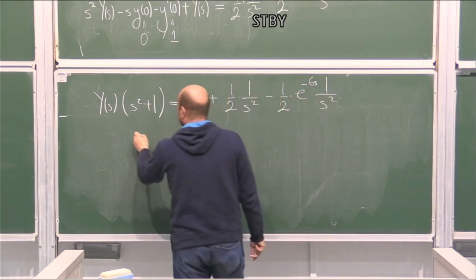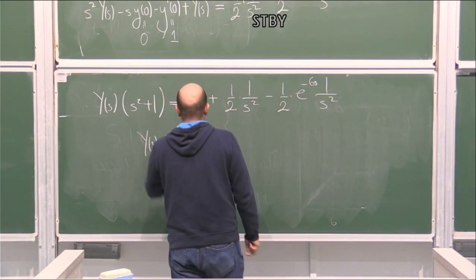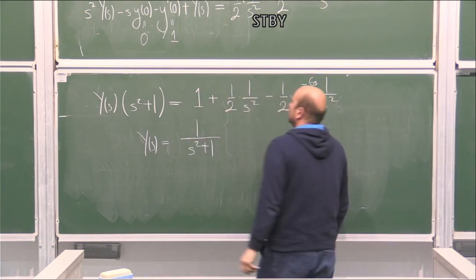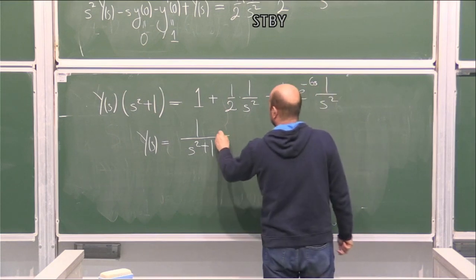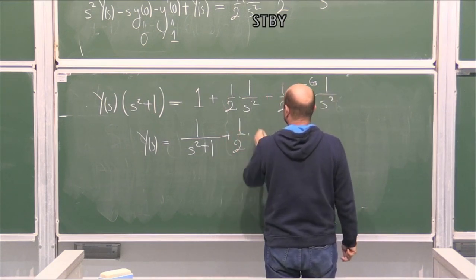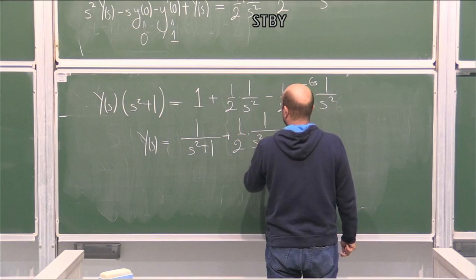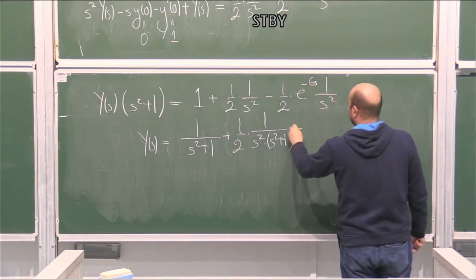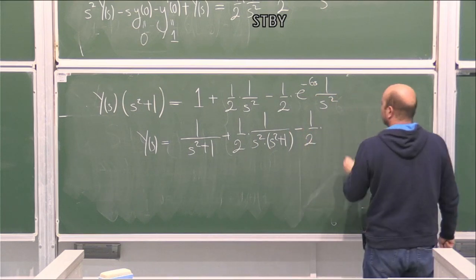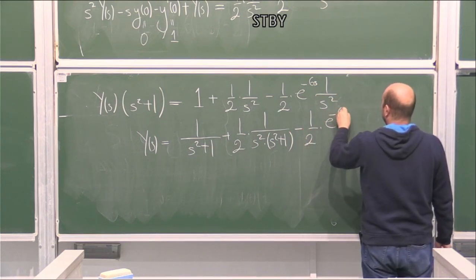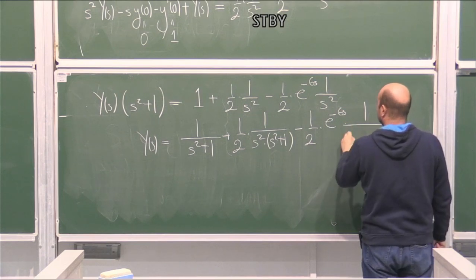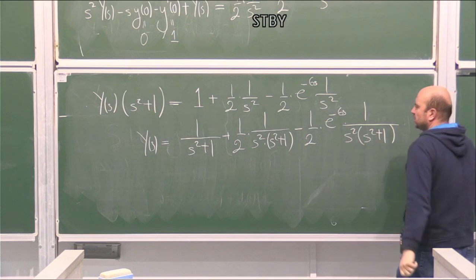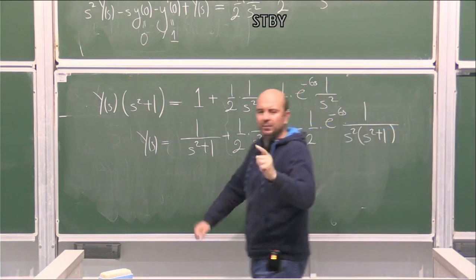Then if you divide everything by s squared plus 1, we have 1 over s squared plus 1, plus 1 over 2 times 1 over s squared times s squared plus 1, minus 1 over 2 times e to the minus 6s times 1 over s squared times s squared plus 1. So basically we found the solution's Laplace transform.